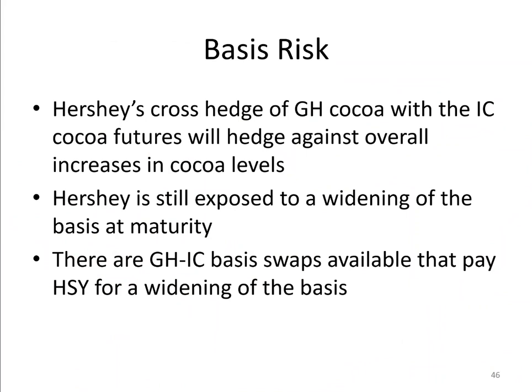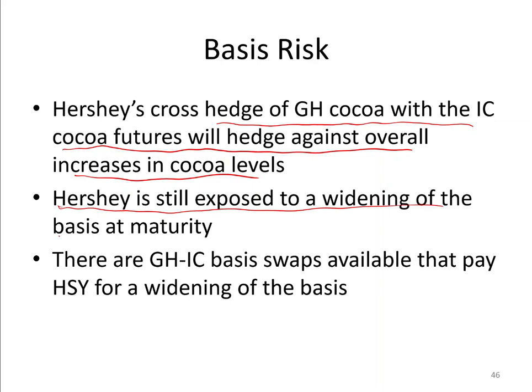So, Hershey's cross hedge of Ghana cocoa with the Ivory Coast cocoa futures will hedge against overall increases in cocoa levels. Hershey is still exposed to a widening of the basis at maturity, but that risk hopefully is lower than the greater risk of the overall market in cocoa going up.